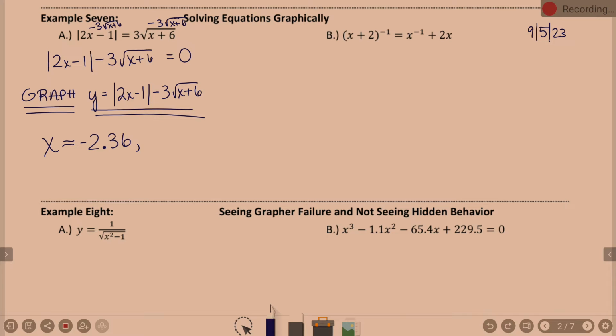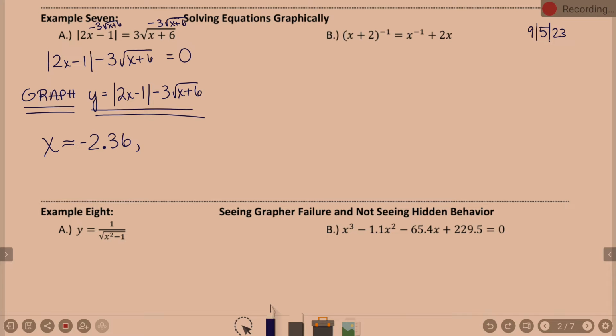And then repeat your process to find the other one, correct? So I'll start over again. Second to the calc menu. Number 2 to zero. Left bound. Well, now I'm going to arrow over closer to the other intercept. There, now I'm on the left of the side of the point that crosses the x-axis. Enter.